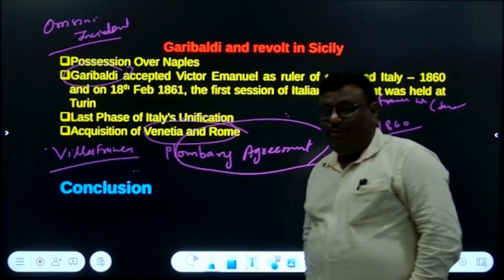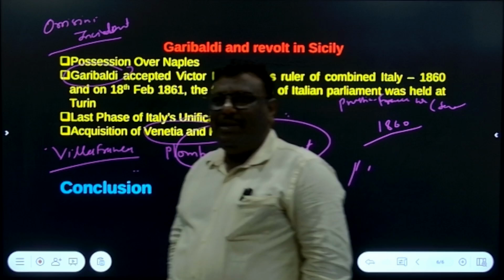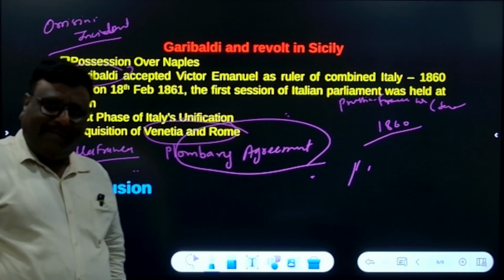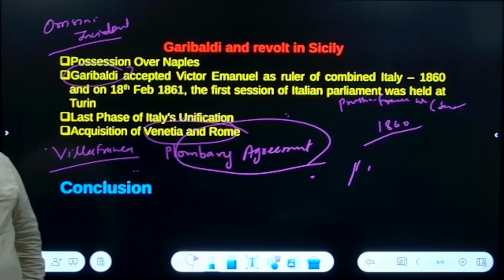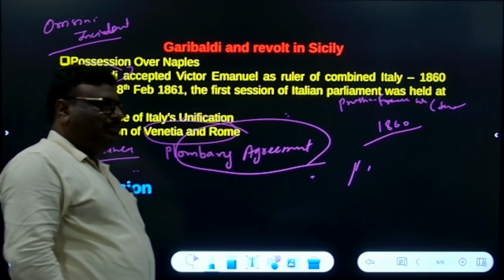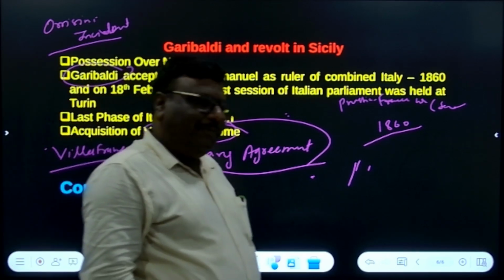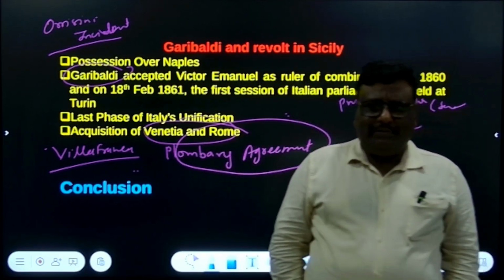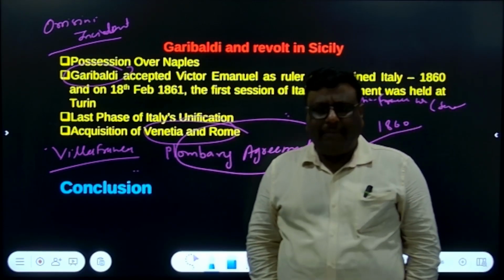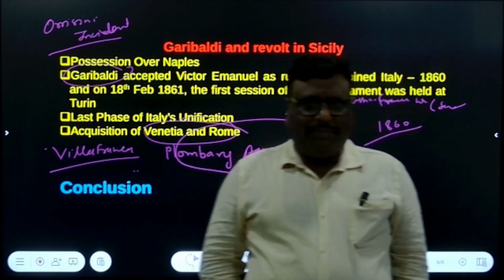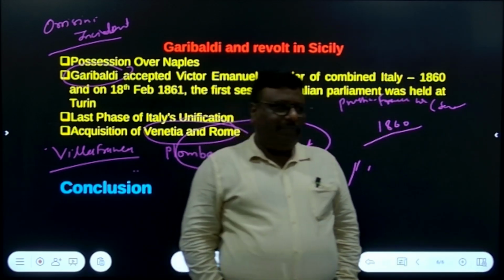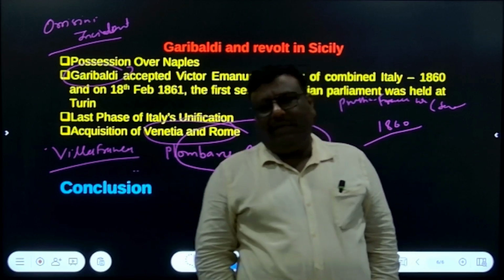Italy and Germany both were united through violent activities. Obviously, violence would be there after the unification, and you will see in the First World War the defeat of Germany, and after the 1920s the rise of dictators in both Italy and Germany.